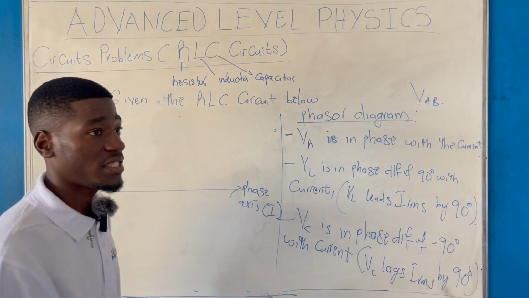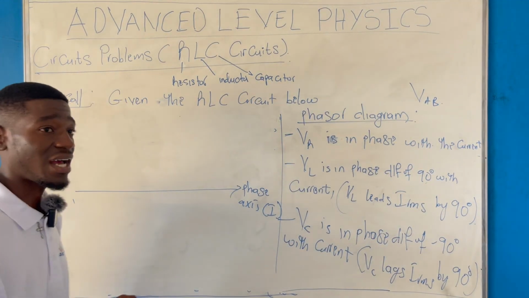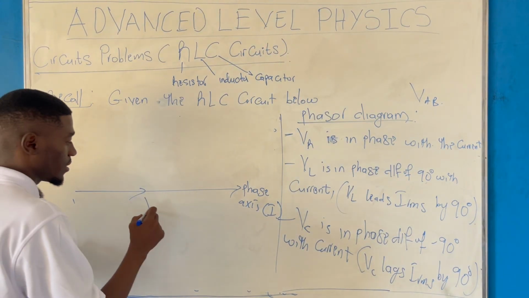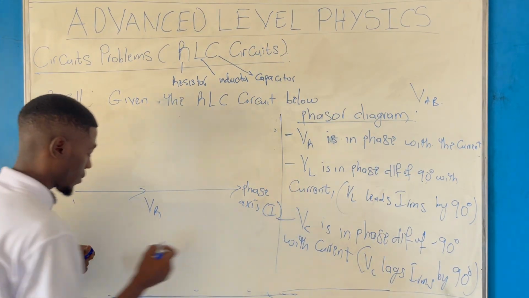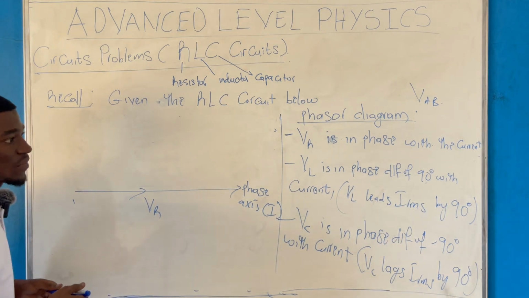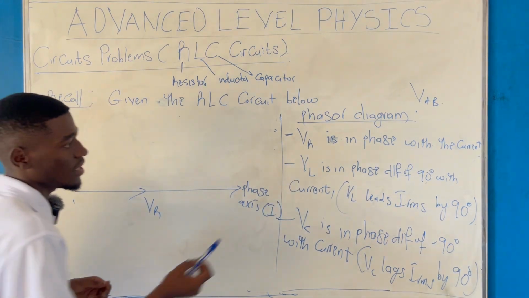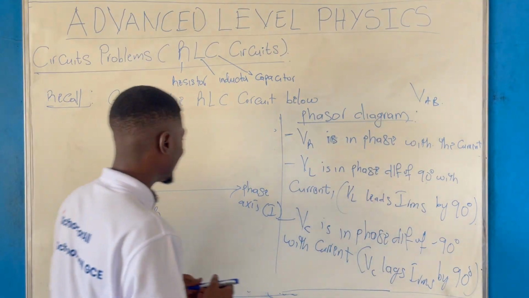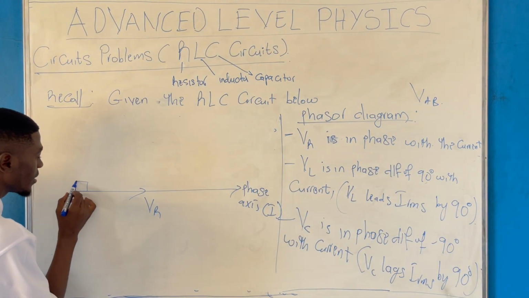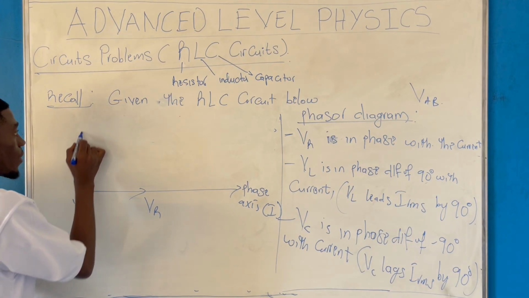It is in phase. It means that they make an angle of 0 degrees. It means that VR is simply found on this line, on the same axis. Now when I go down to VL, you see that VL has a phase difference of 90 degrees. 90 degrees means I should form an angle of 90 degrees. You see that it is somewhere here.